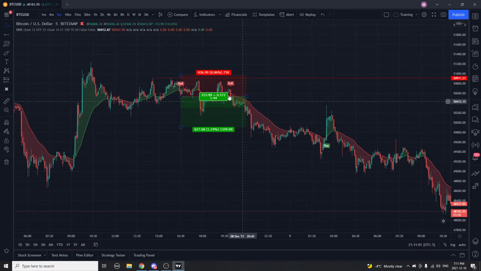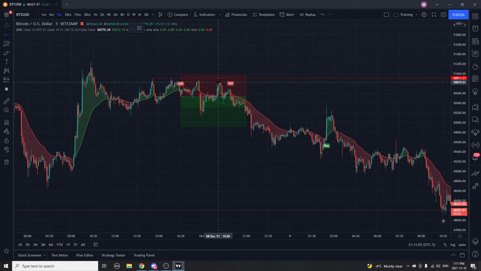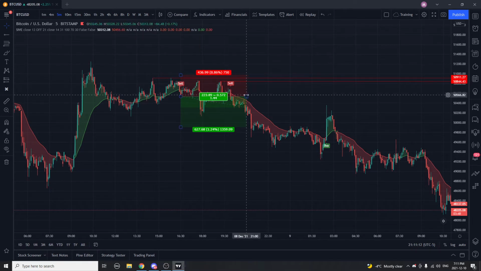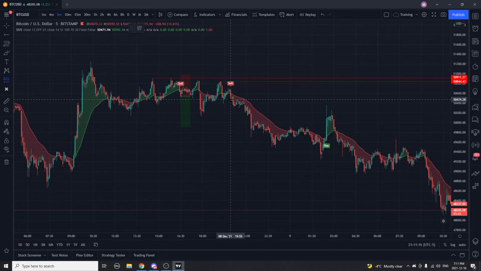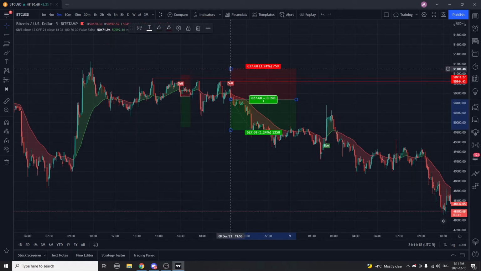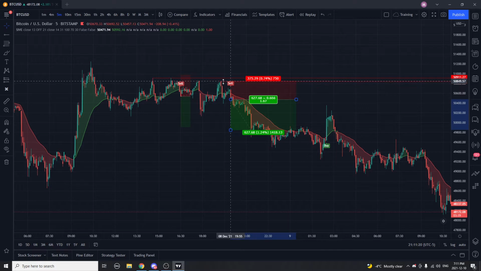And again, here I get another signal. My most recent swing high would be these, but more importantly, we're looking at that. And then I'm just going to move that to the side to get it out of our way. And we enter on the close, and we place it above this swing high.